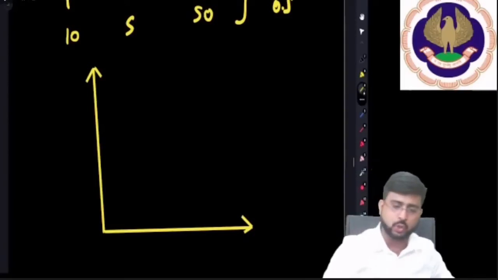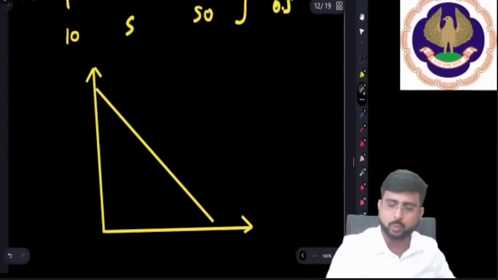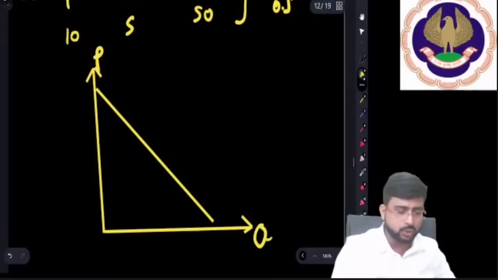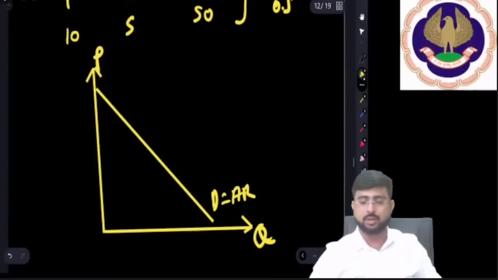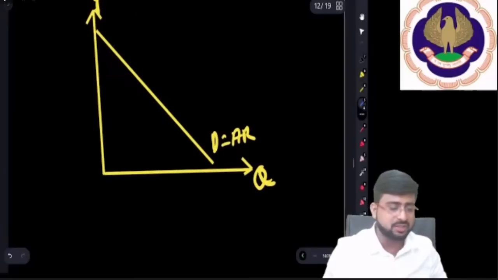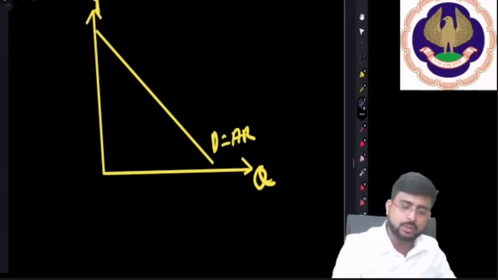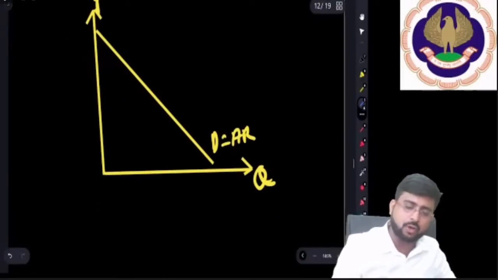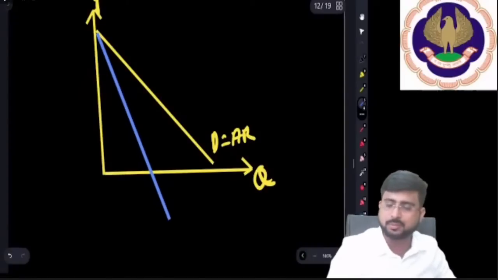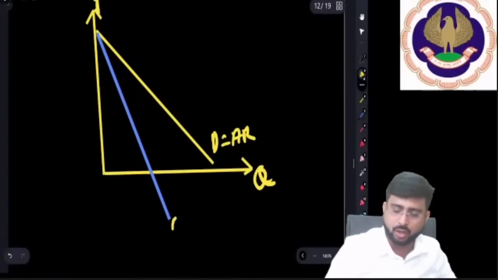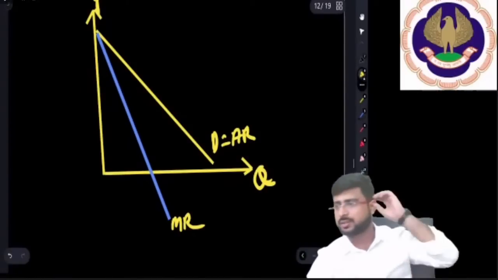The demand curve slopes downwards, indicating that in order to sell more, you have to reduce the price. This is the average revenue curve. But the sharper fall is in the case of marginal revenue. Both are falling, but the fall in MR is at a much greater rate.